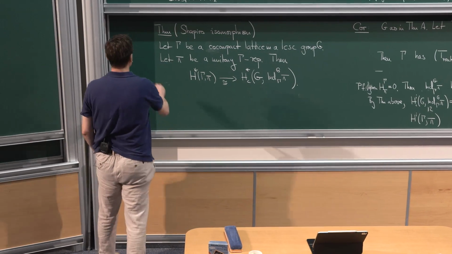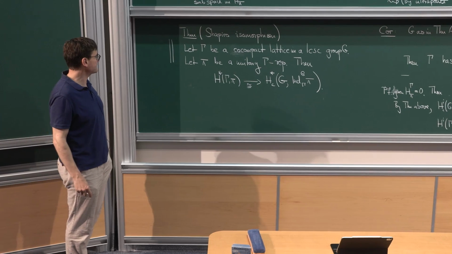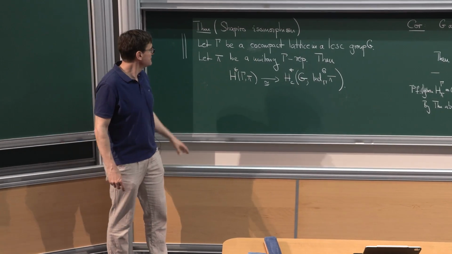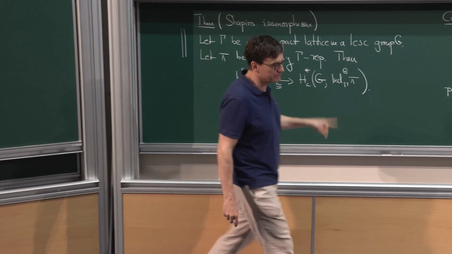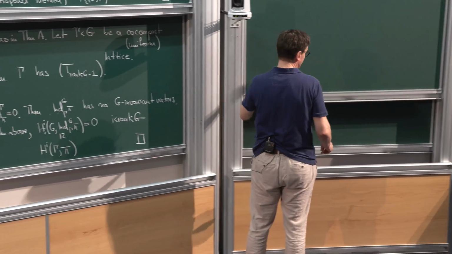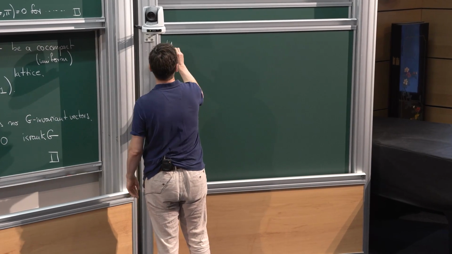I mean, the only thing that seems to be problematic is this Shapiro isomorphism, which is stated for co-compact lattices. And let's study what is the problem with this in the non-co-compact case.